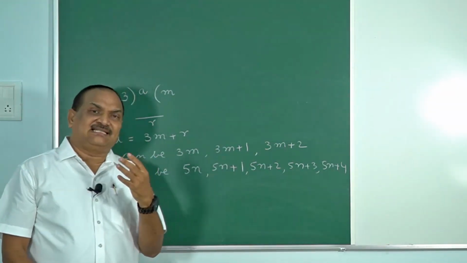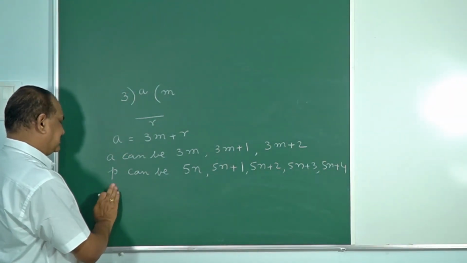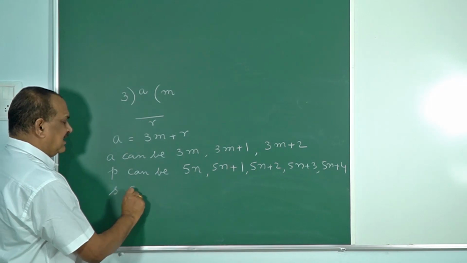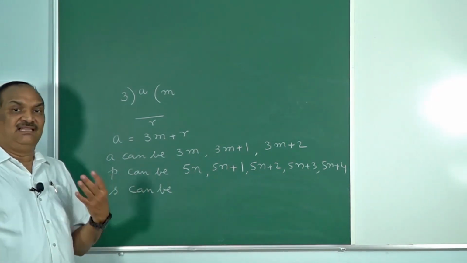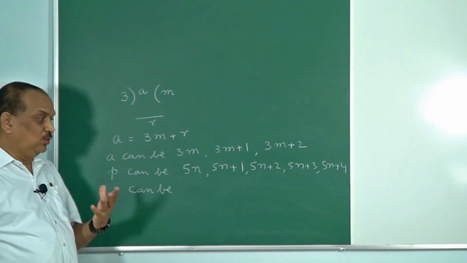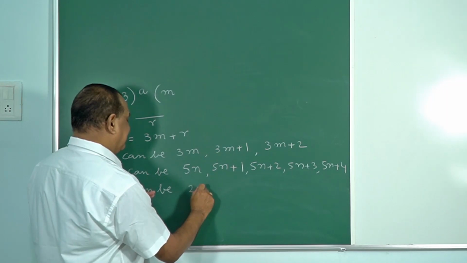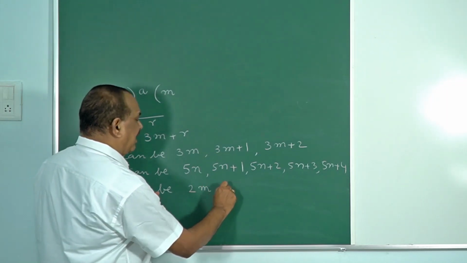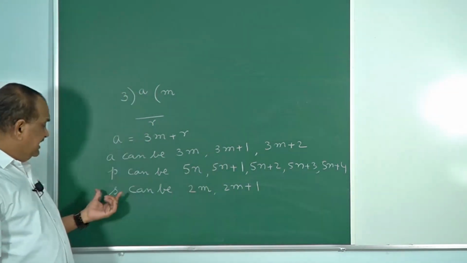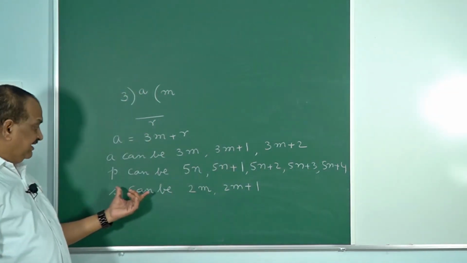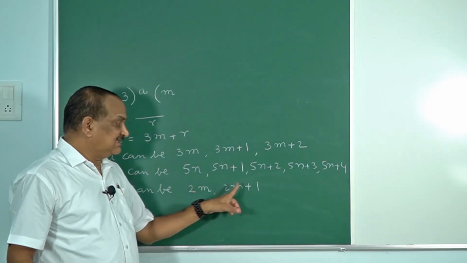Let us take, say for example, I just take some other letter s, and I am dividing this s by 2. When this s is divided by 2, there are only 2 cases. Either it is a multiple of 2, or it leaves a remainder 1. Any integer you have, when it's divided by 2, has no remainder here, or there is 1 remainder.